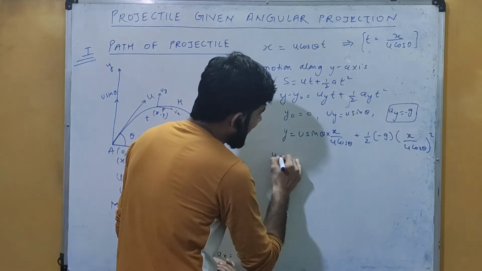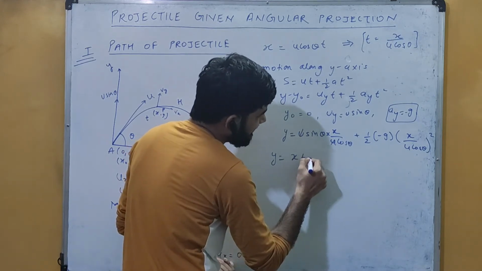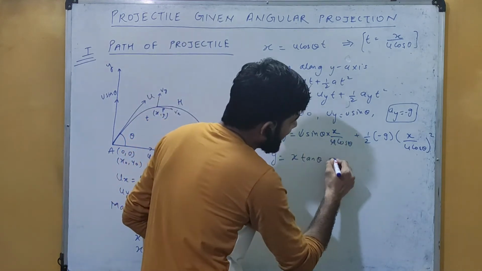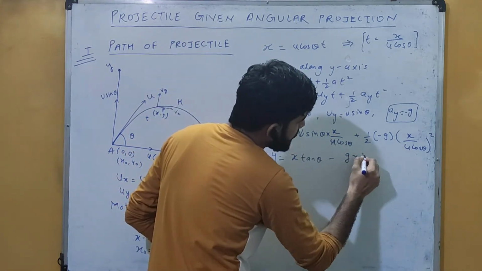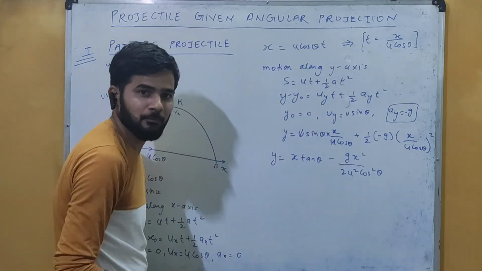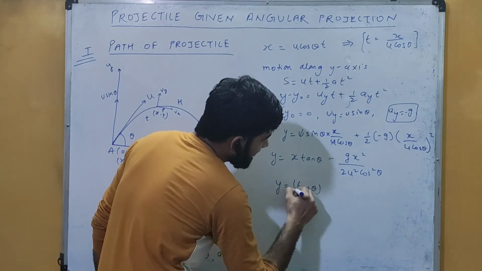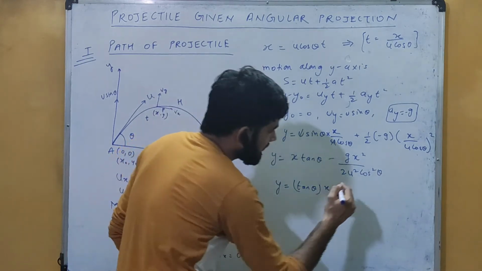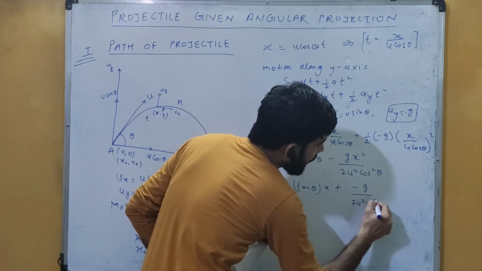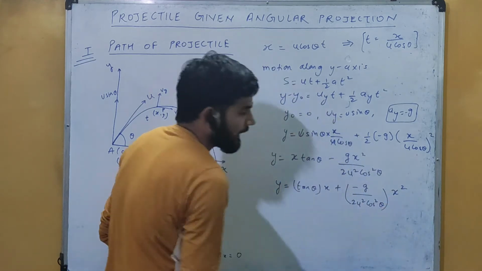Okay, so I can write y is equals to, this u gets cancelled, so I can write x tan theta, because sin theta upon cos theta is equals to tan theta, minus g x square by 2u square cos square theta. Okay, so I can write y is equals to tan theta x plus minus of g by 2u square cos square theta whole multiplied by x square.